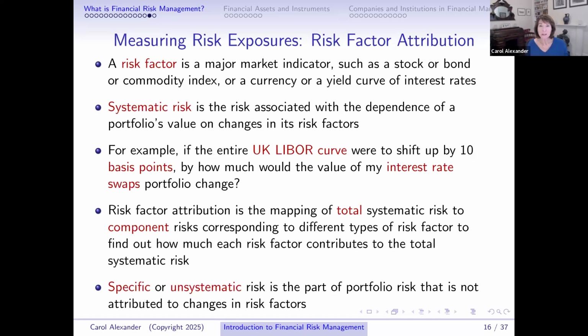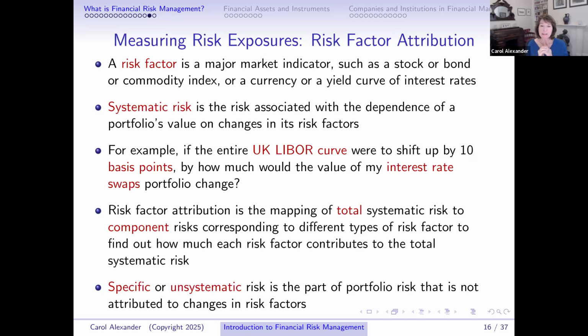And all the other types of risk factors have exposures which are measured by sensitivities. So it's called a beta for a share portfolio, but it's called a present value of a basis point, PV01, very long terminology. That's the sensitivity of a fixed income portfolio of bonds or loans or swaps. That's what we call a fixed income portfolio.